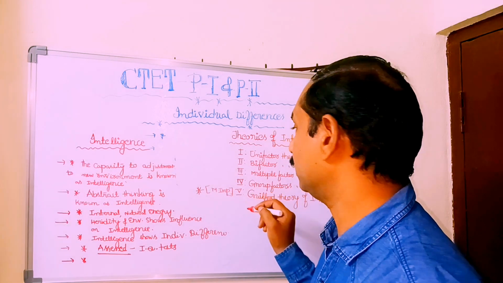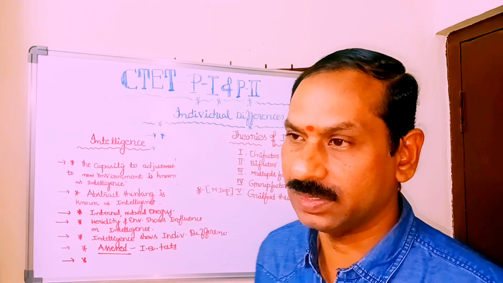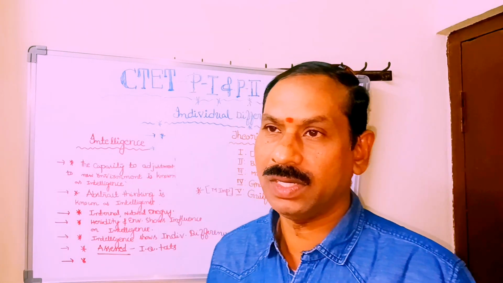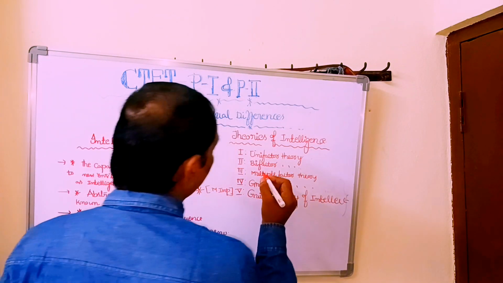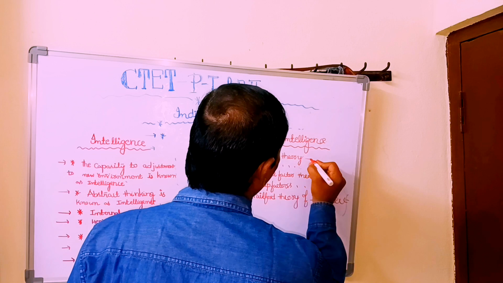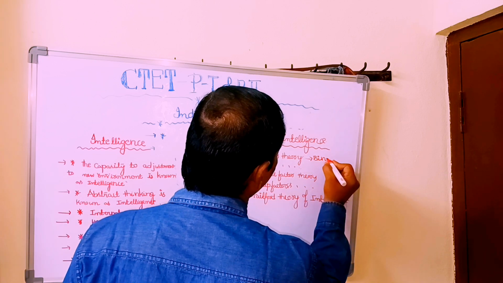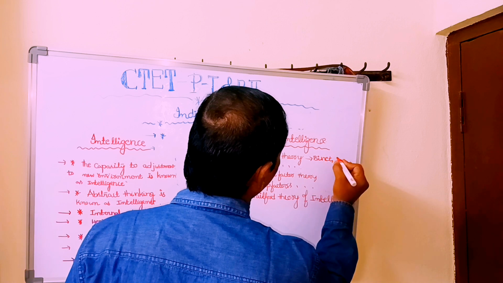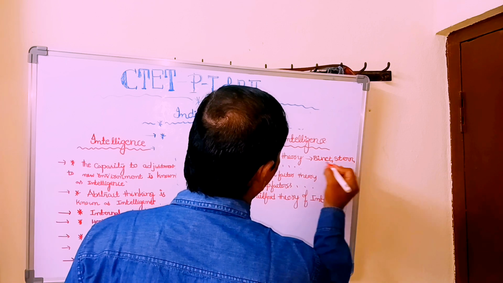First one, unifactor theory of intelligence. This theory was introduced by Binet, Stern, Terman.